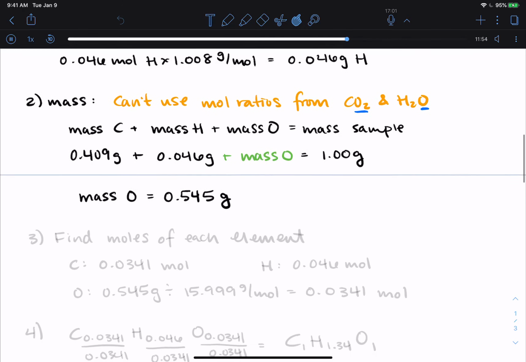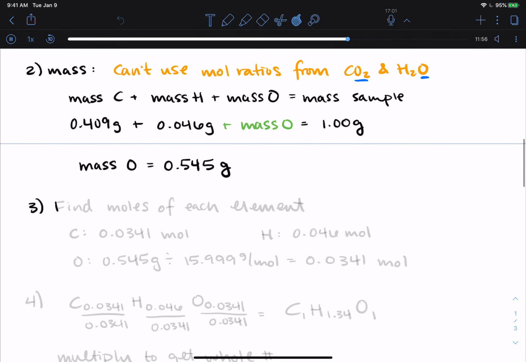Step 3 is to find moles of each element. And we've already done most of this. So within step 1, we got that carbon was 0.0341.